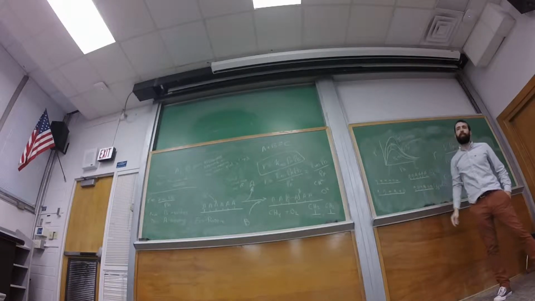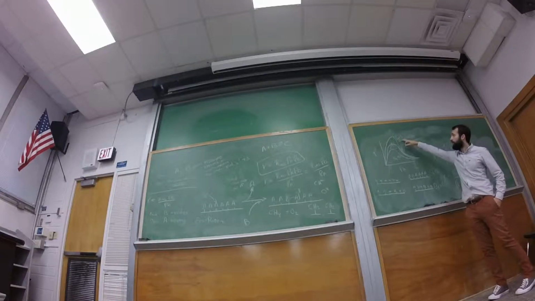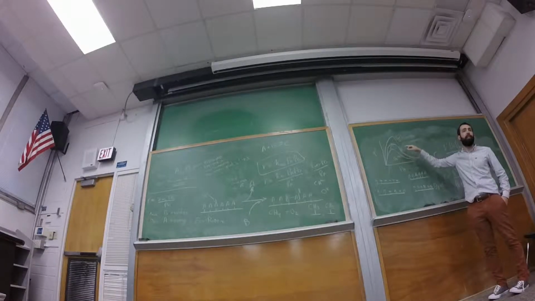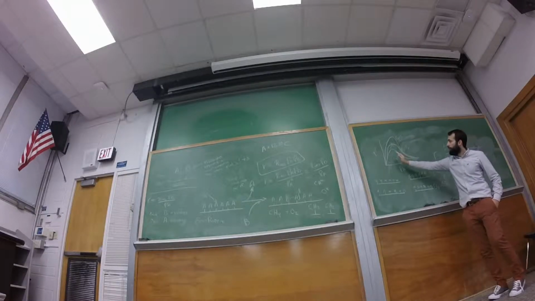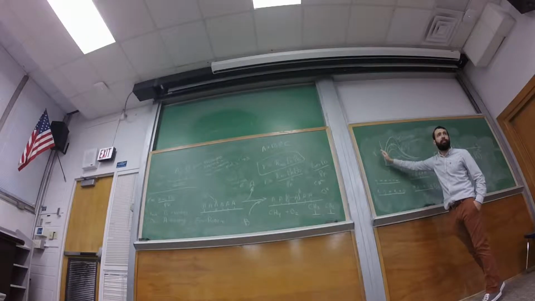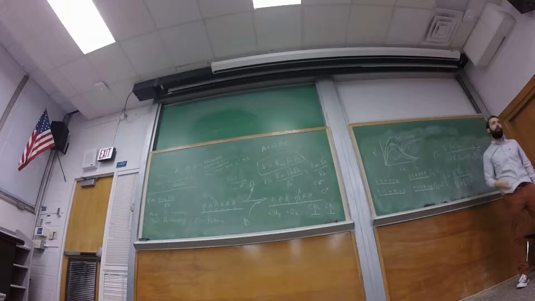So a lot of times you'll see curves like that. You need to be able to look at this and say, okay, in this pressure range of B, B is inhibiting the reaction. Over here, A is speeding up the reaction. Over here, A is inhibiting the reaction. So all these things can be happening.